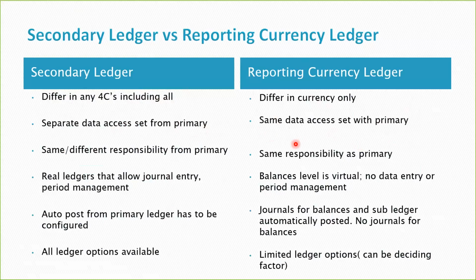Once we create a reporting currency ledger, the data access set is created whereby the reporting currency ledger is added to that one of the primary ledger. And since that data access set at that point has already been assigned to a responsibility, then that same responsibility can be used to view both the primary ledger and the reporting currency ledger.